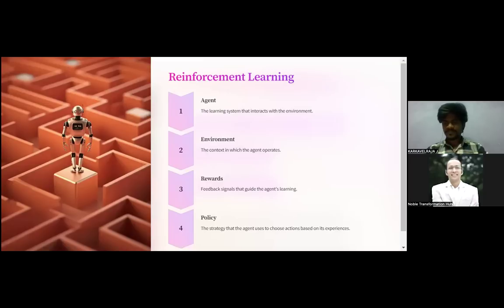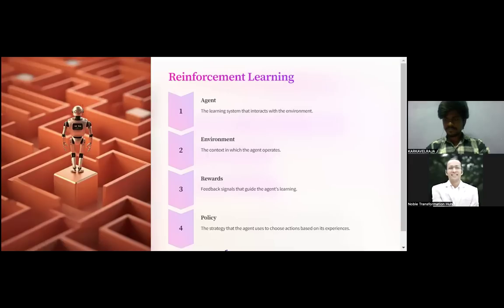See here, a learning system which interacts with the environment. But ultimately, if you see, the agent is a solution for a problem. A robot which is cleaning my house, the environment is the rooms and the lobby, and the robot is the agent.